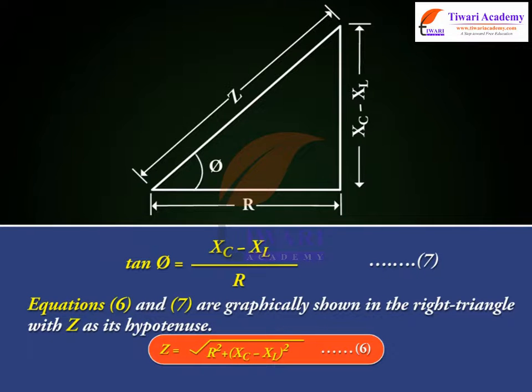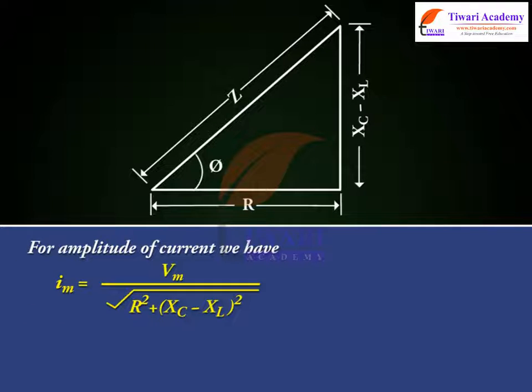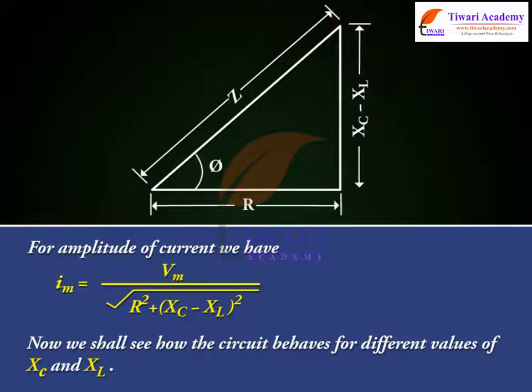Equations 6 and 7 are graphically shown in the right triangle with Z as its hypotenuse. This is called the impedance diagram. For amplitude of current, we have Im is equal to Vm by square root of R square plus (XC minus XL) whole square. Now we shall see how the circuit behaves for different values of XC and XL.